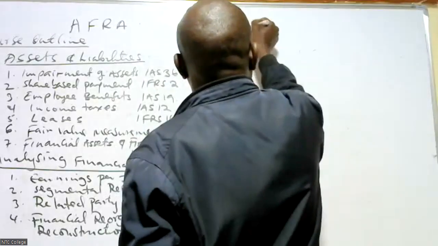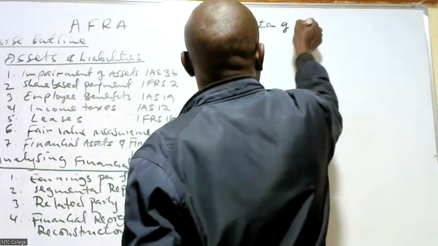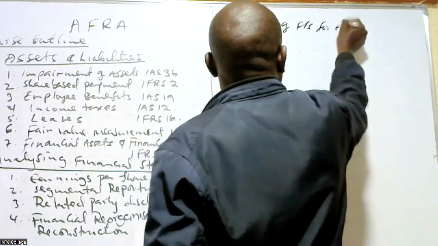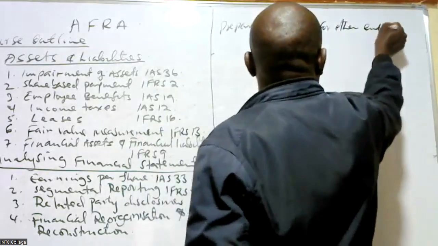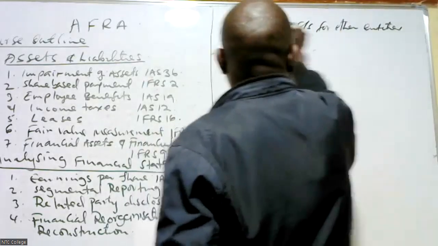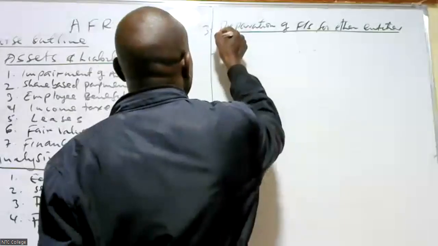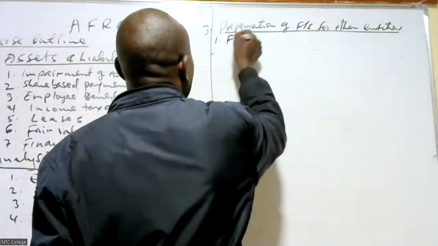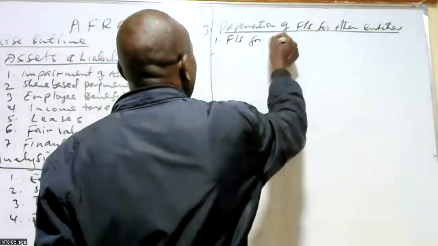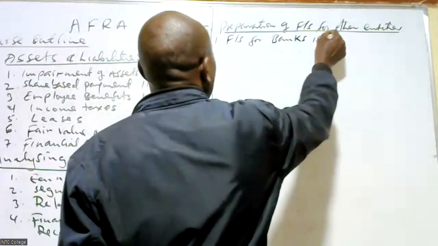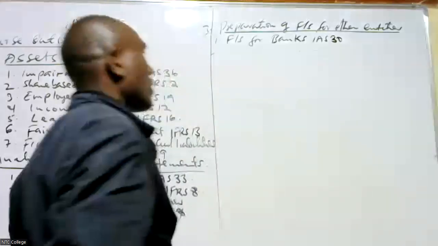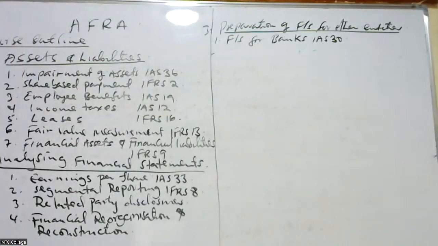Preparation of financial statement for other entities. That is topic number 3. Under this one, we are going to discuss 5 items. Number 1, we are discussing financial statement for banks, IAS 30.